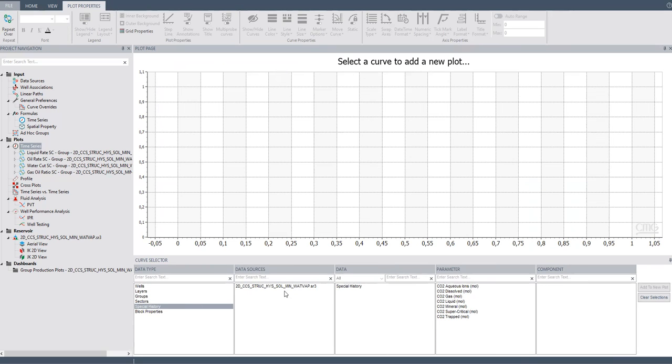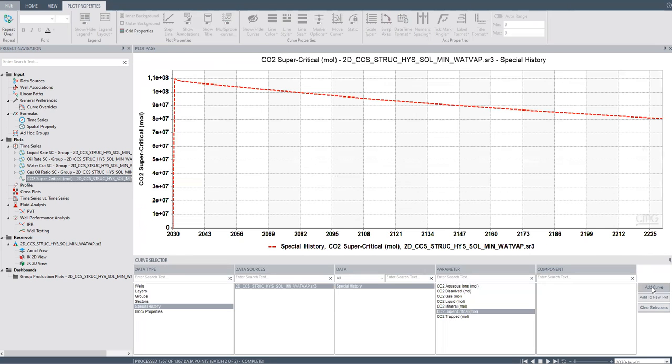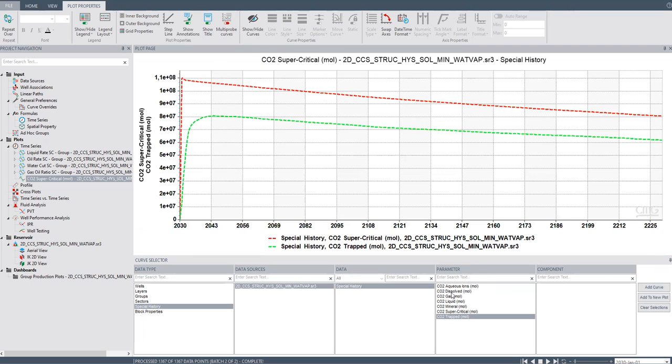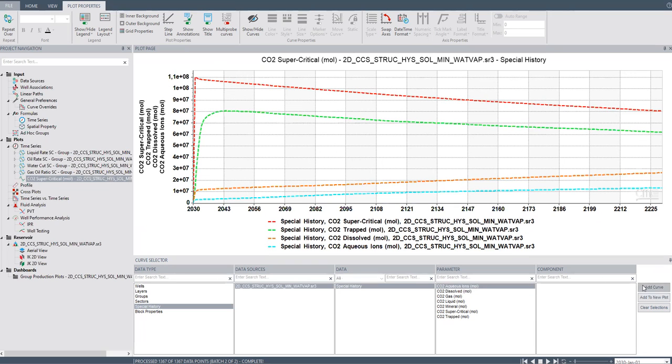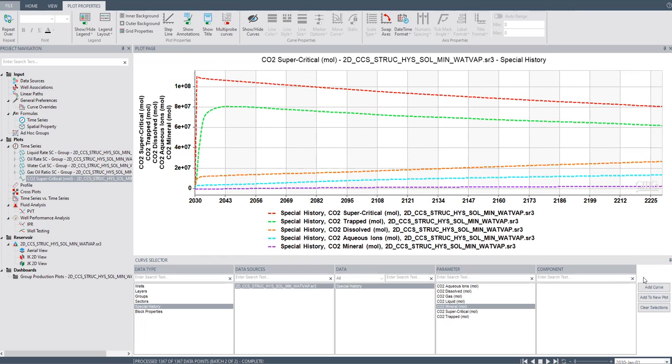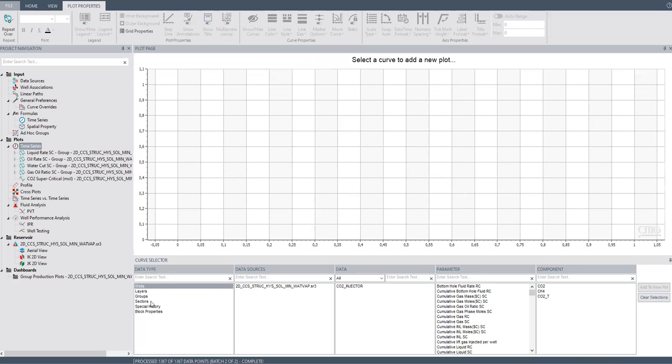I don't think it is in group, so maybe let's start with special history. We should have CO2 supercritical, CO2 trapped, CO2 dissolved, and maybe CO2 aqueous ions and CO2 mineral. Okay, there you go.